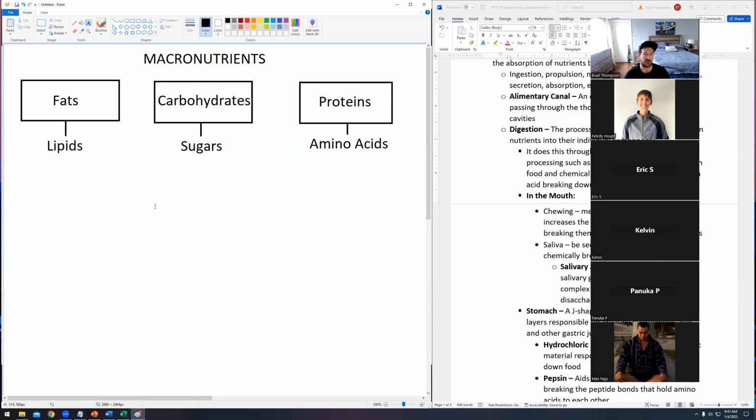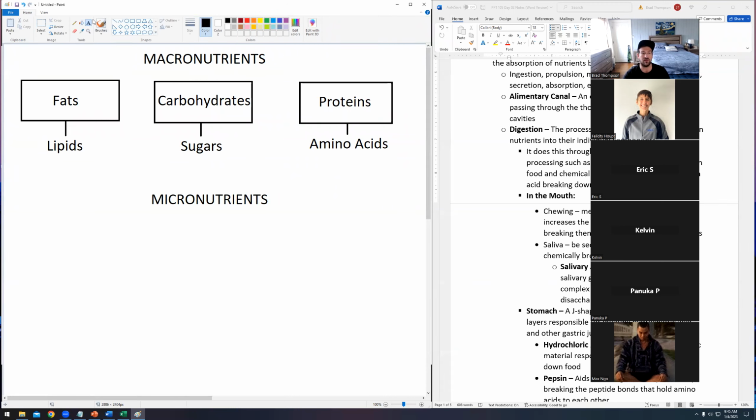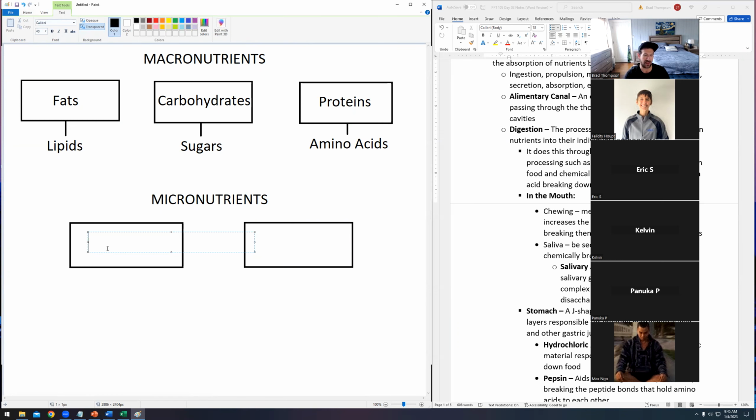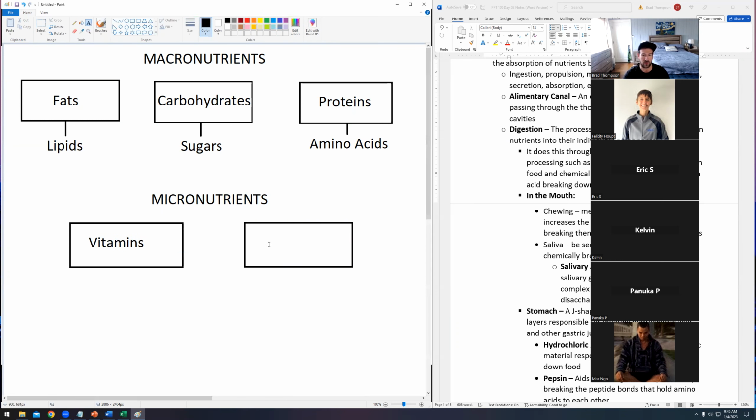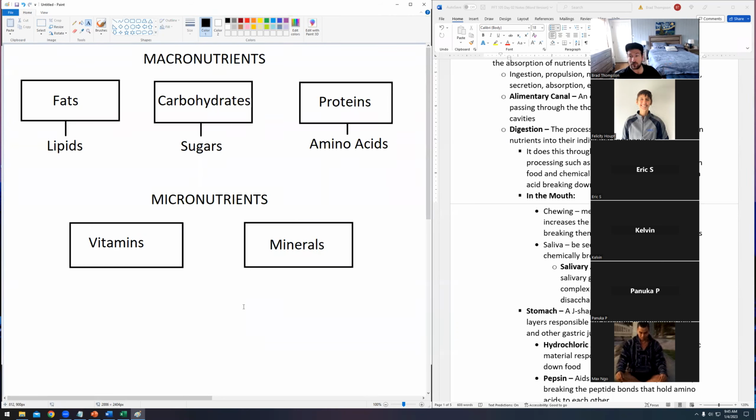Meanwhile, you've also got your micronutrients. These are the ones that you need in very small amounts every day. You don't need as many of these, but this is going to be your vitamins and your minerals. Those don't need to be broken down.